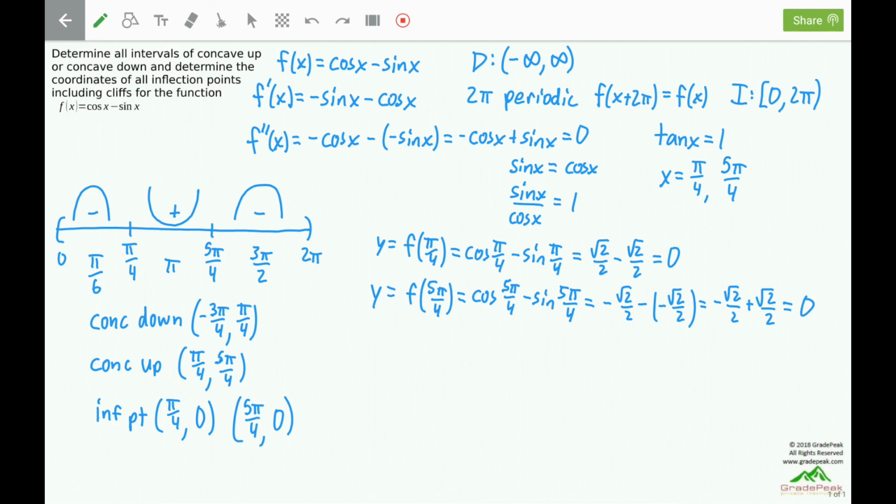This is the results over one full period. We can now use the 2 pi periodic nature of cosine x and sine x to extend this to the entire domain by adding 2 pi, the period, times n, an integer, to each of the x values here. Now these intervals are x intervals, so each of these numbers are x values, and we'll have a 2 pi times n added to them.